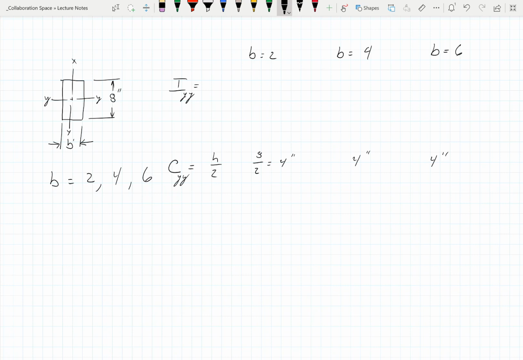Okay? I for this, base times height cubed over 12. And the first one's going to be 2 times 2 squared over 12, going to equal what?